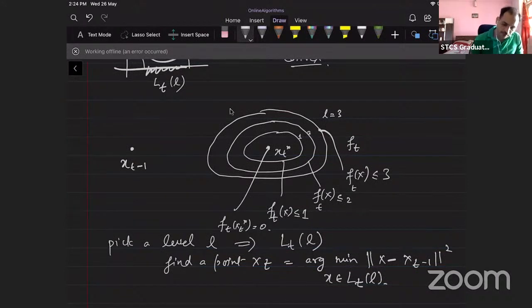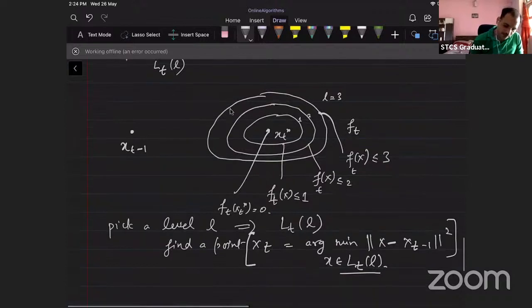Can somebody interpret what I'm trying to do here? Suppose I'm trying to find my point xt using this formula. First of all, is this clear? I'm concentrating my attention on all points which belong to a particular level set lt of l, and among those x, I'm trying to find the point which is closest to xt minus 1. So what are the implications of such an approach?